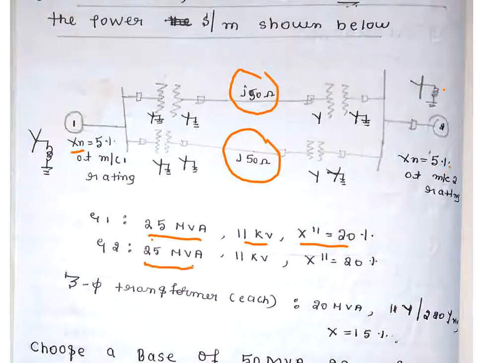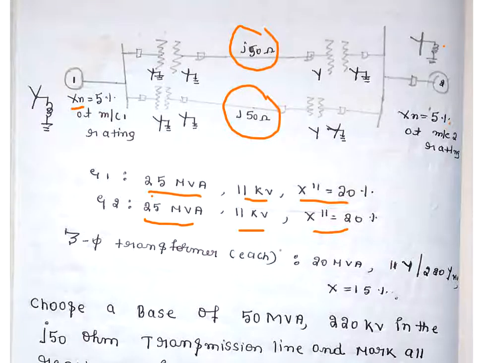Generator 2 is also 25 MVA, 11 kV, with the same values. Now the three-phase transformers are rated 20 MVA. This transformer is 11 by 220 kV, and again 220 by 11 kV. These two are 11 by 220 kV, and this is 220 by 11 kV. The reactance, or impedance, has been given as 15%.